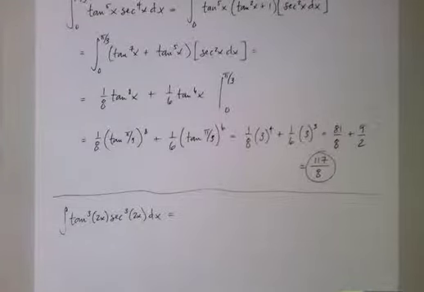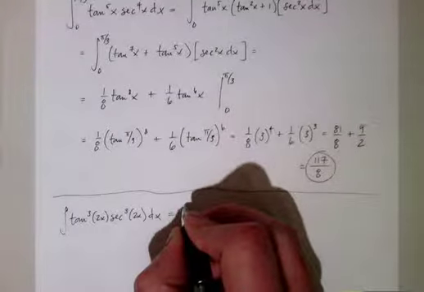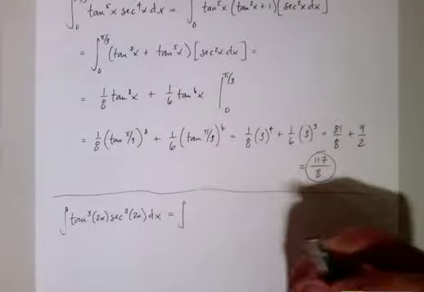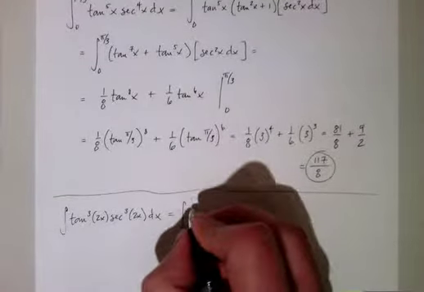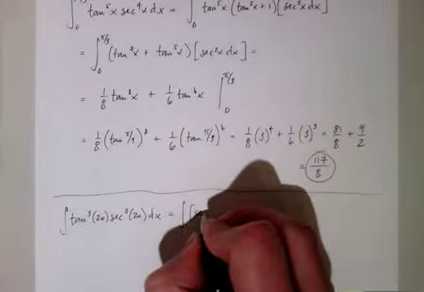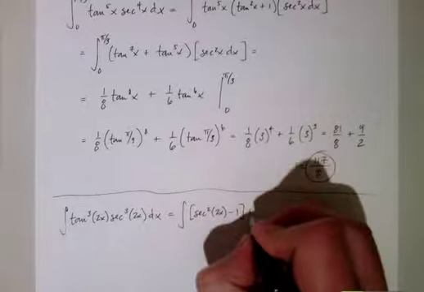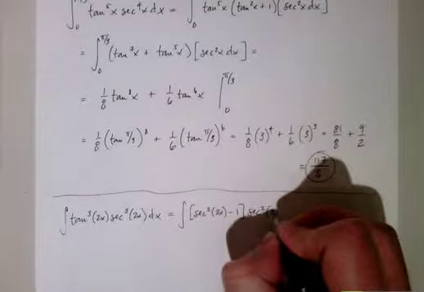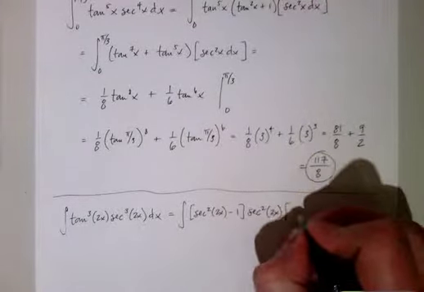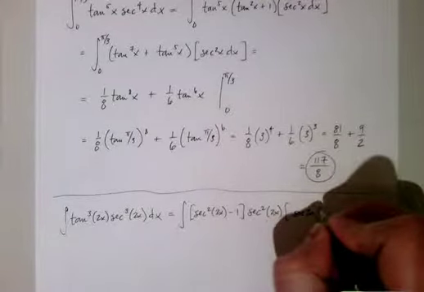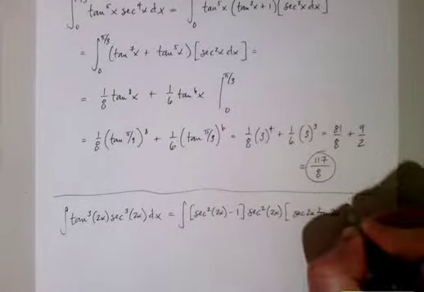Unlike the previous one, this cannot be done both ways. This has to be done one particular way, and that particular way is by pulling out a secant tangent. Now, once I've pulled out a secant tangent, the tangent squared is going to be secant squared minus 1. And then I have secant squared, and then I'm going to have secant 2x tangent 2x dx.